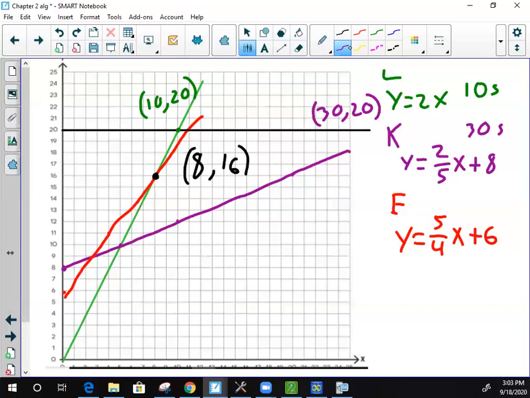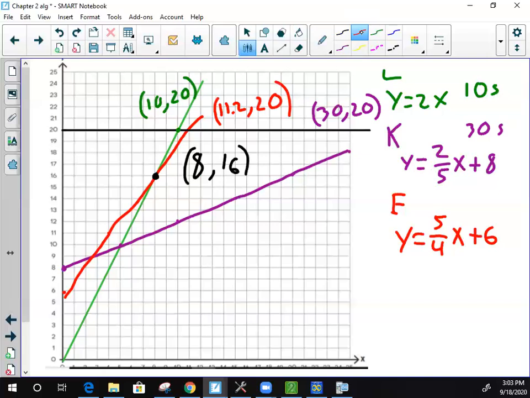And if we look at Evie, Evie is going to cross it at just a little over 11.2 to be precise. So in this case, Leslie won the race, Evie got second, and Kirsten got third.